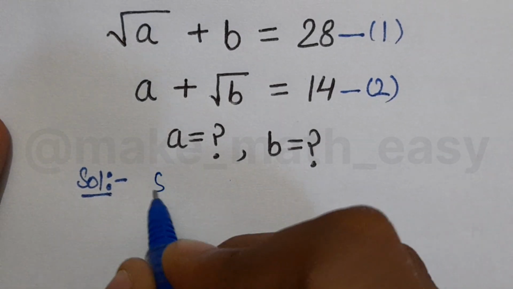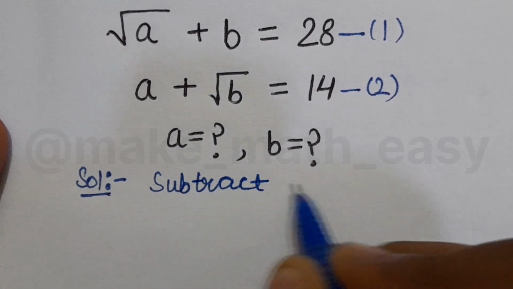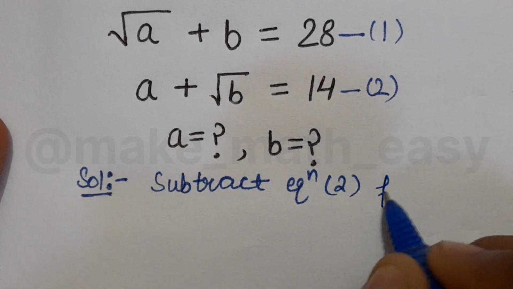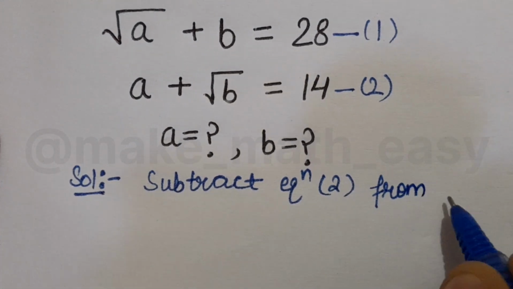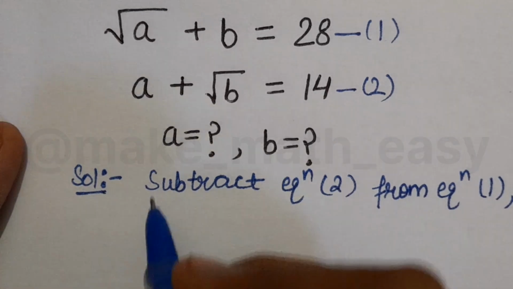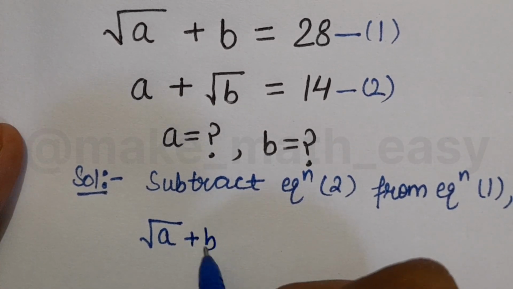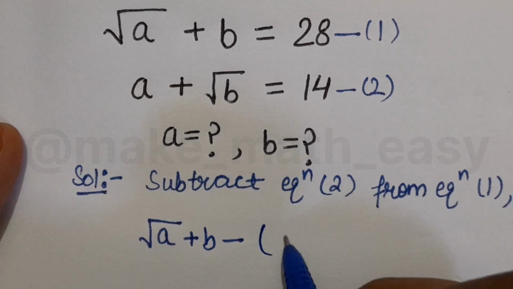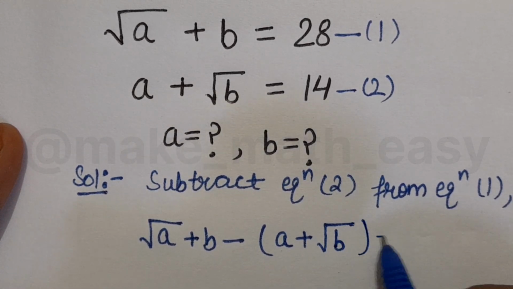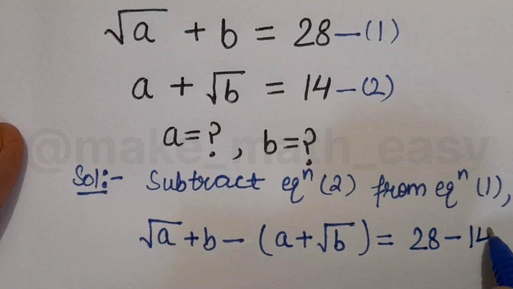Our first step is to subtract equation number 2 from equation number 1. What we get? We get root a plus b minus a plus root b equals to 28 minus 14.